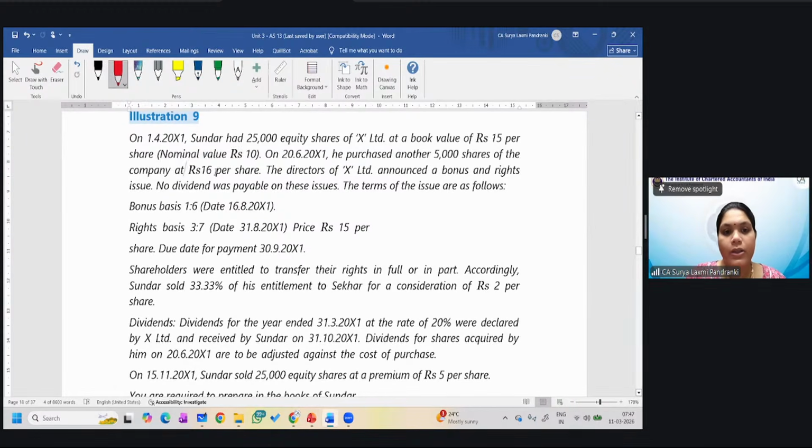For example, in this question, they are purchasing it at 16 per share. So this will be the market value. But the nominal value will remain the same. It will never change. It will not move up and down. But the market value keeps moving. Now here it is 16, somewhere they told 15, somewhere else it will change. So because it is market value, it keeps changing. But the nominal value will remain the same because it is the face value or the par value of that particular share.